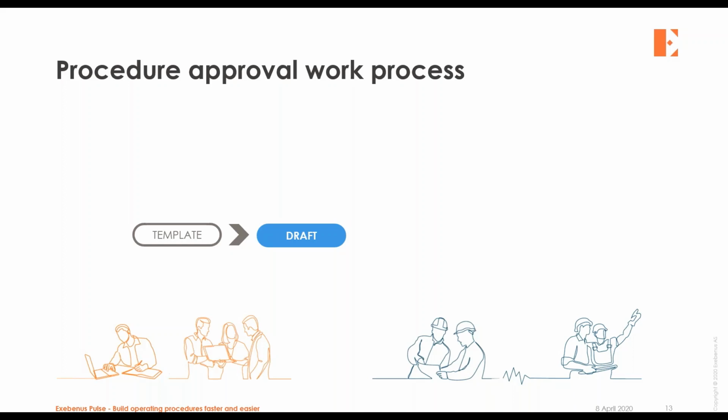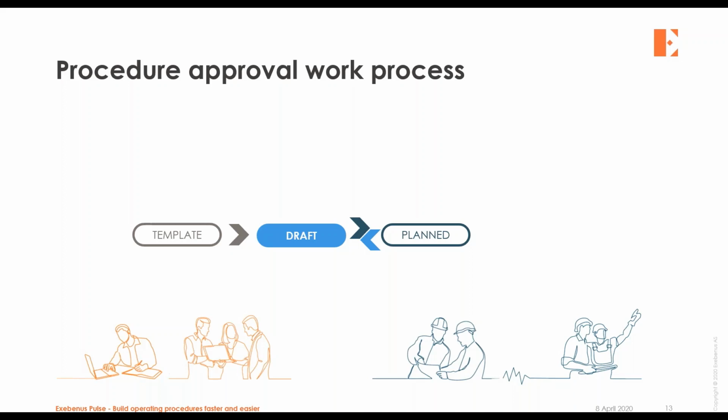After updating operational parameters and associated information, the procedure is moved into the planned state. Here, it is available in read-only state, pending review by approvers, which could be one or many, based on how we have defined it in the administration module.